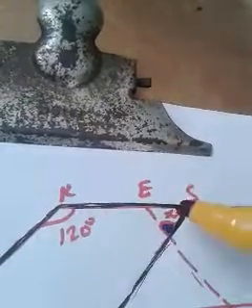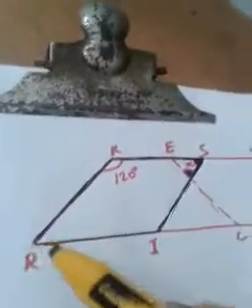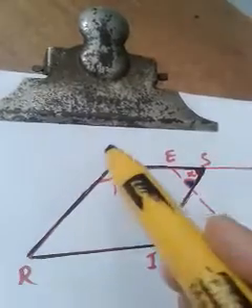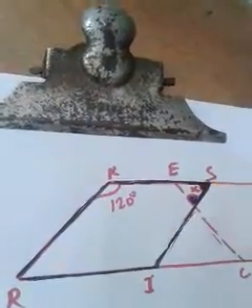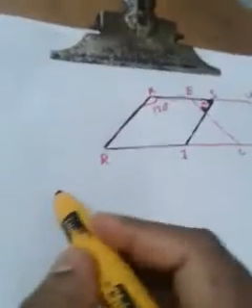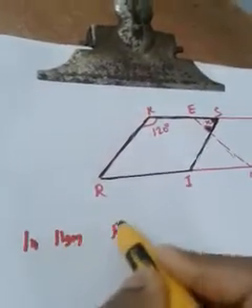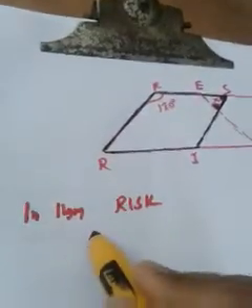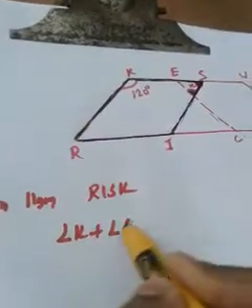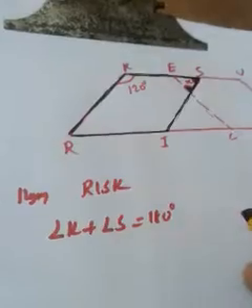They are adjacent angles of the parallelogram RISK. Angle K and angle S are adjacent angles of this parallelogram. That means, can I write in parallelogram RISK, angle K plus angle S is equal to 180? Why?